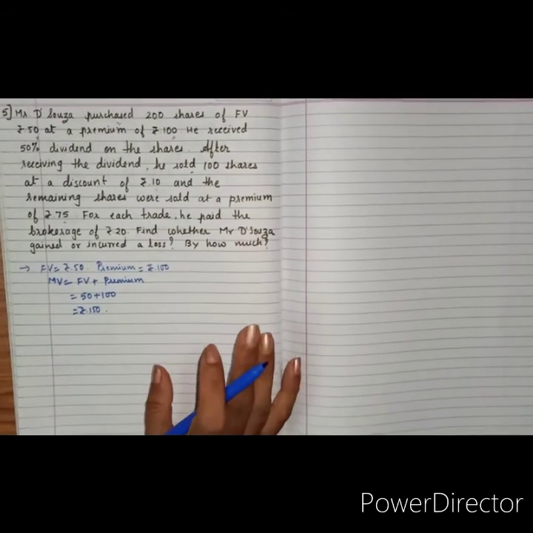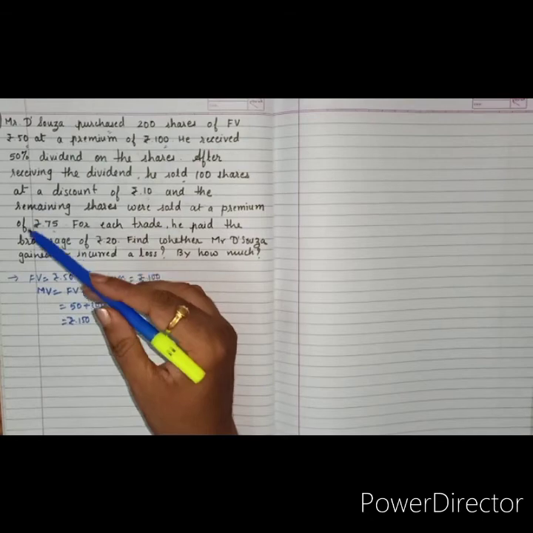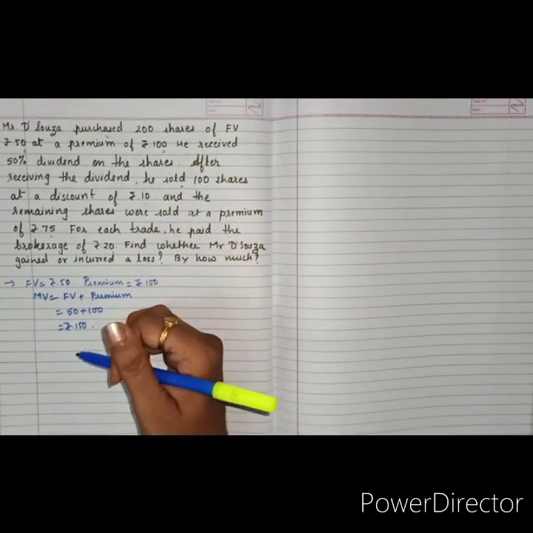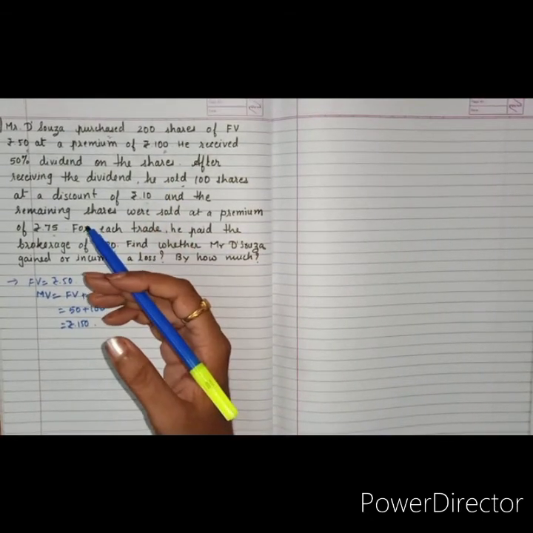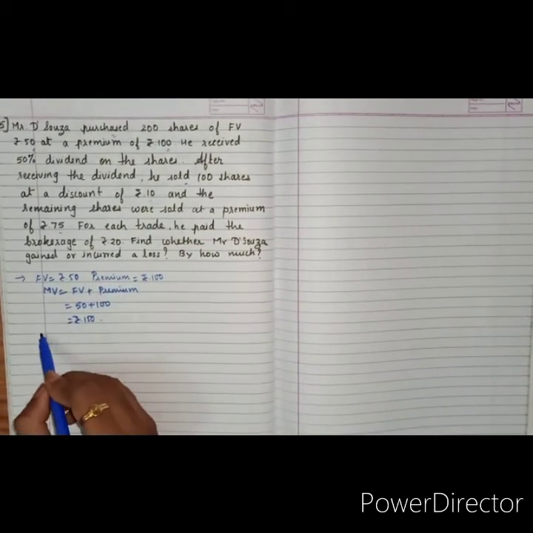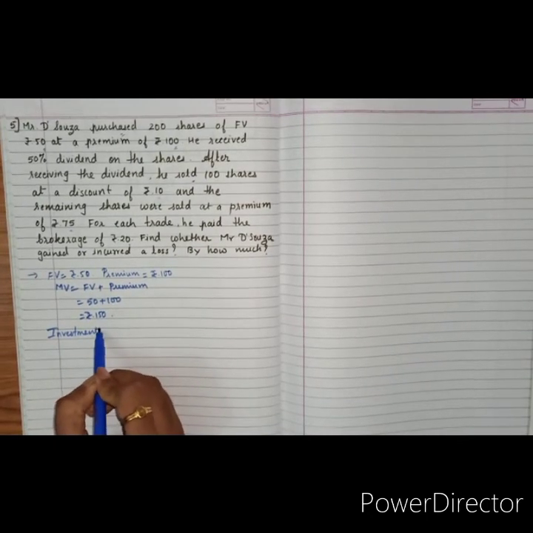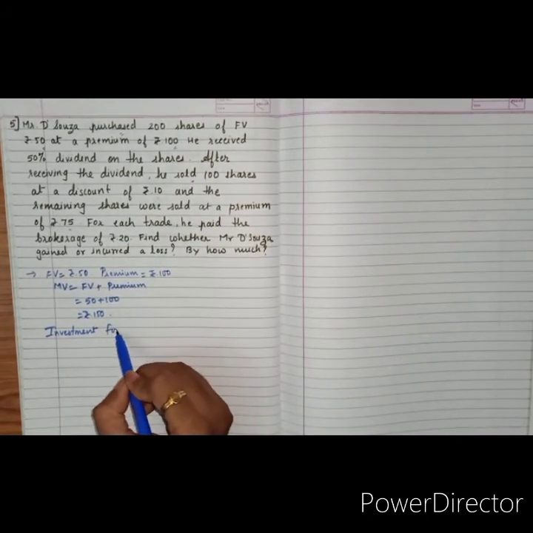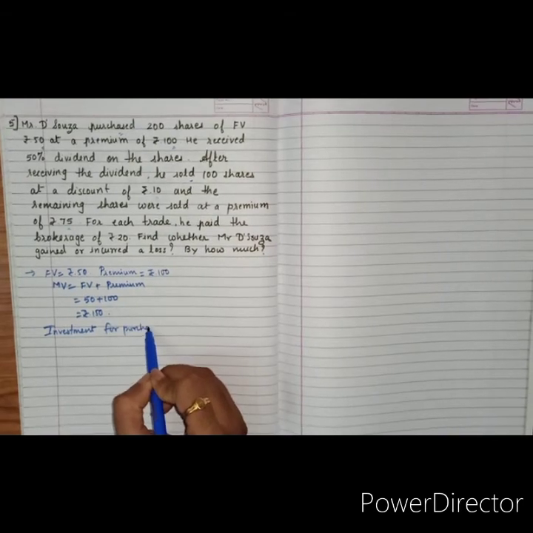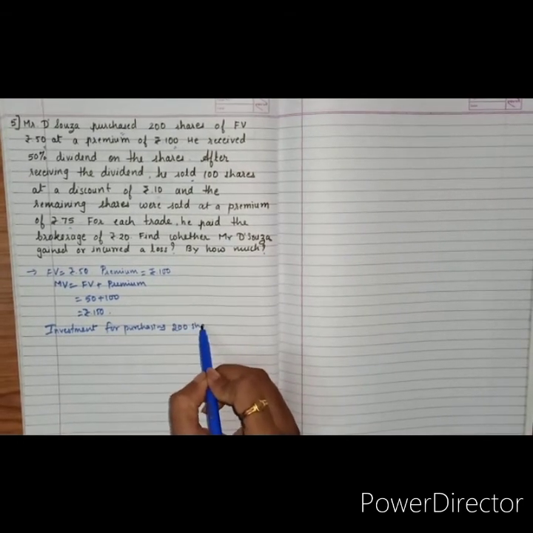Okay, fine. Now he has purchased shares, which means he is making an investment. Let us write down the investment for purchasing 200 shares.